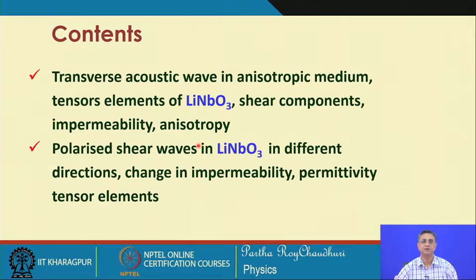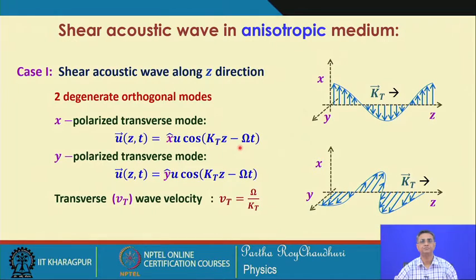We will consider in later occasions how this modulation in the refractive index by the propagation of acoustic wave can be utilized for different cases of diffraction, namely the Raman-Nath diffraction and Bragg type of diffraction.